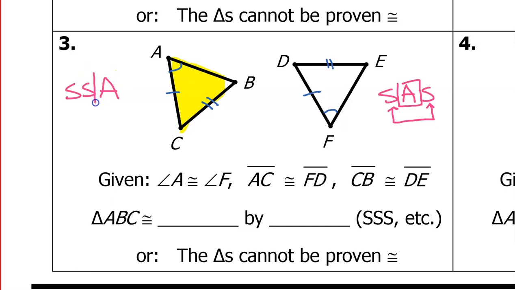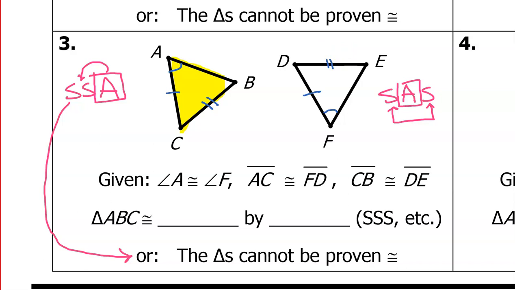If the angle is not between the two sides, then this is a side-side-angle situation. But please remember that side-side-angle does not prove triangles are congruent. So if it turns out to be that one, I'm going to circle this down here and leave this blank.